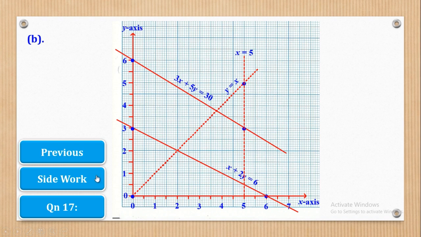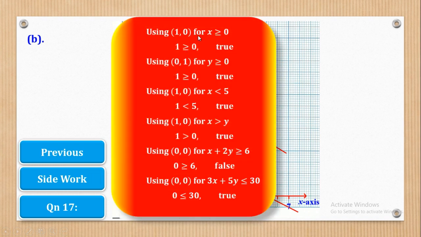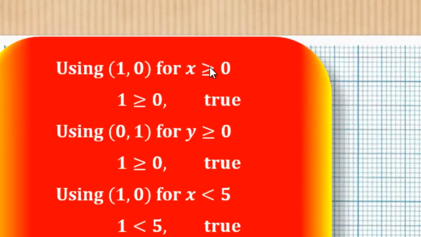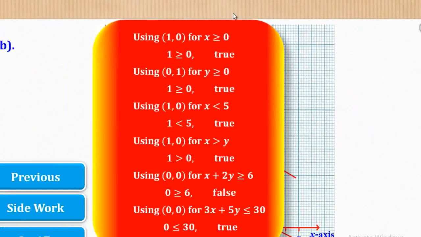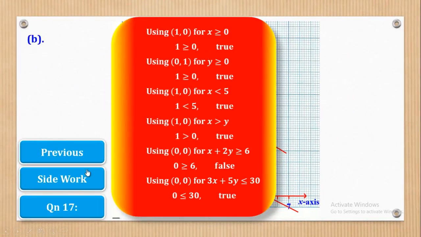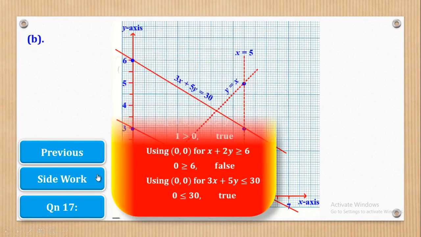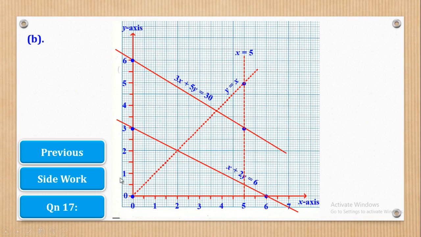We substitute in the inequality x greater than or equal to 0, so x equal to 1, giving 1 greater than or equal to 0. Is it true that 1 is greater than or equal to 0? It is true. Because it is true, where you got that point from is the wanted region. Therefore, you shade the opposite of that, so I'm going to shade this side.